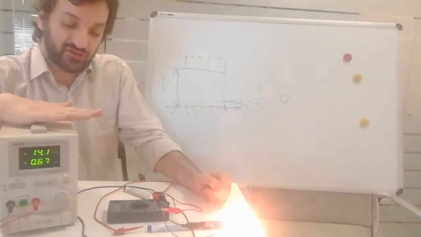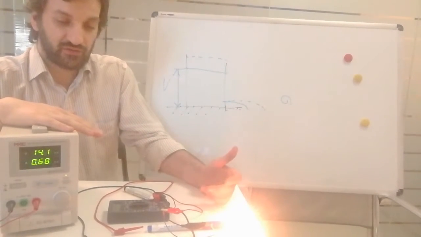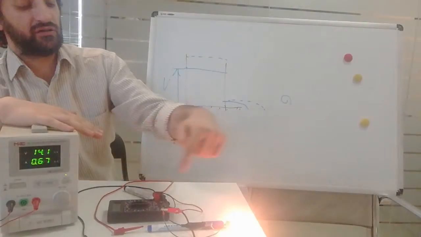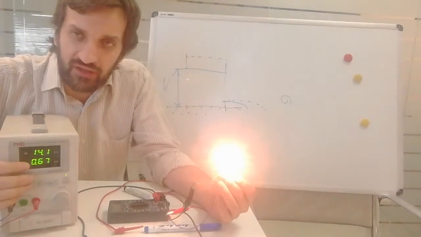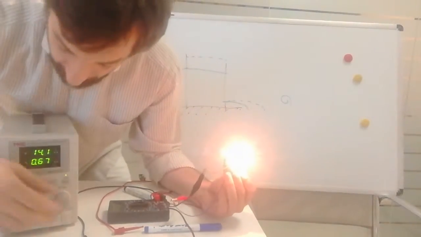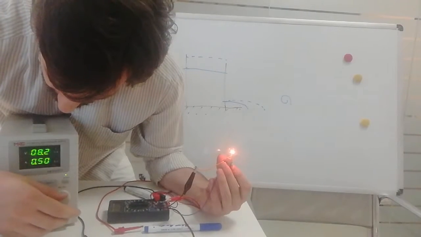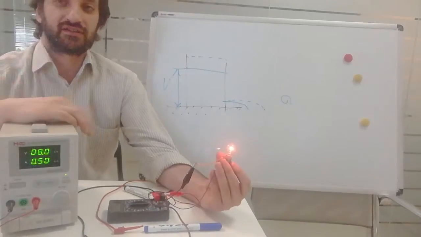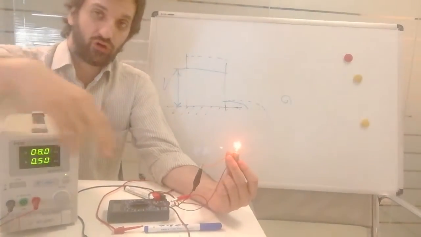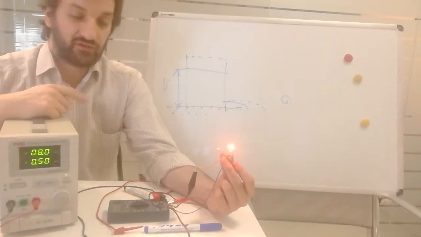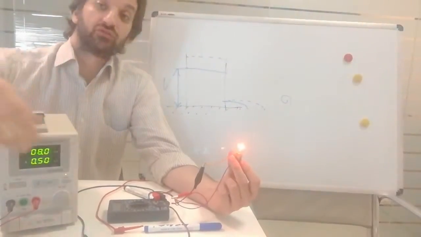So this supply can provide coulombs. And the coulombs travel through the wire, and when the supply is, let's say, 8 volts, we have half a coulomb traveling every second, or 1 coulomb every 2 seconds.